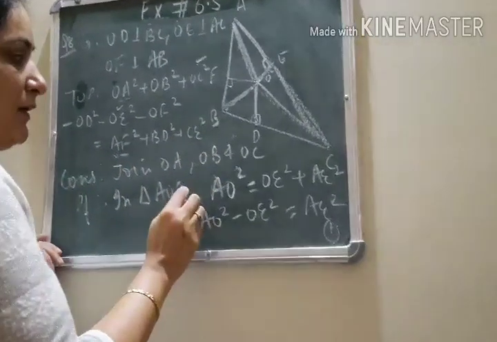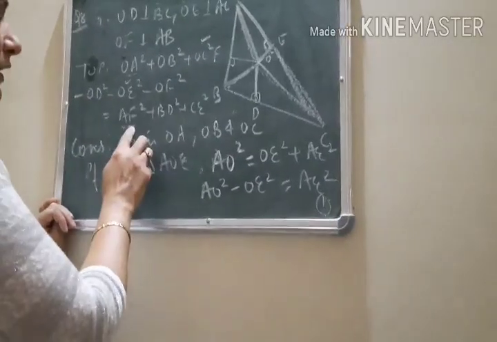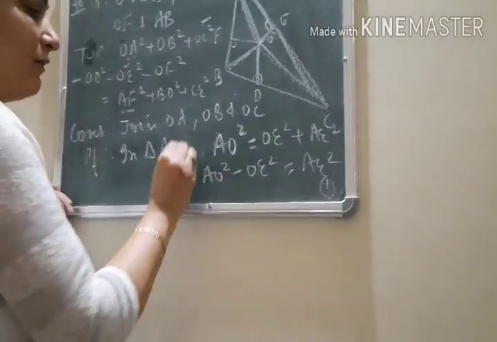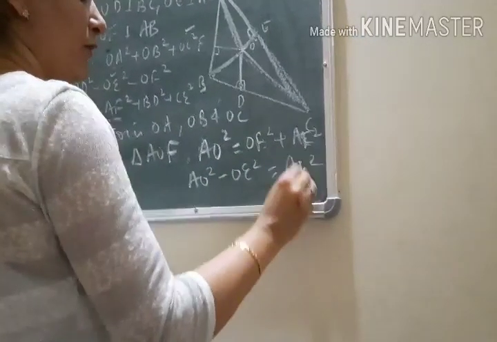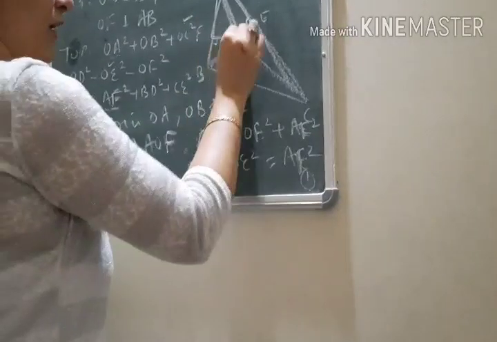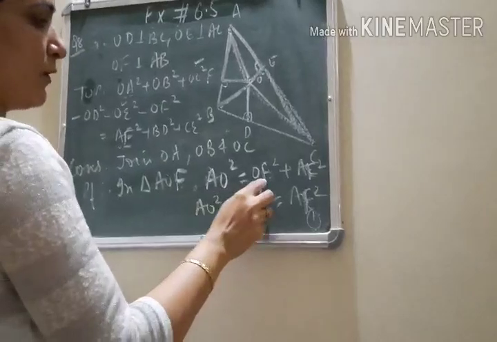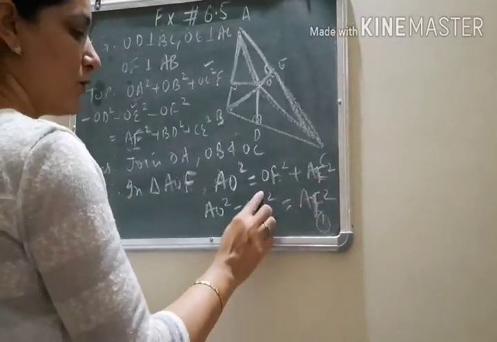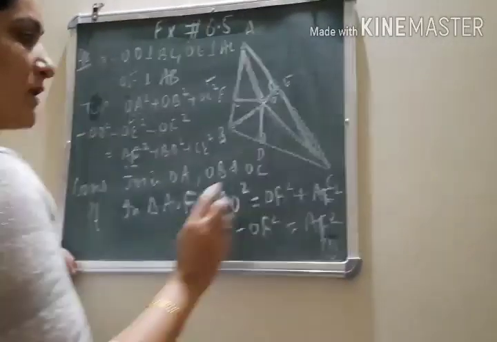So we have to take the triangle AOF, because AF we require, not AE. Accordingly, AO square is equal to OF square plus AF square. So AO square minus OF square is equal to AF square. So this is our first equation.